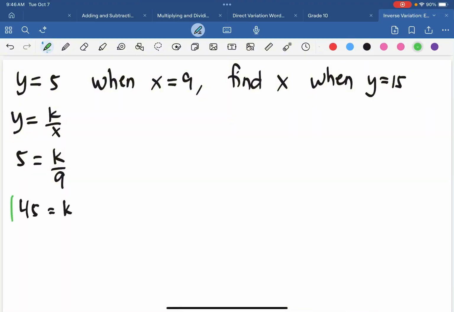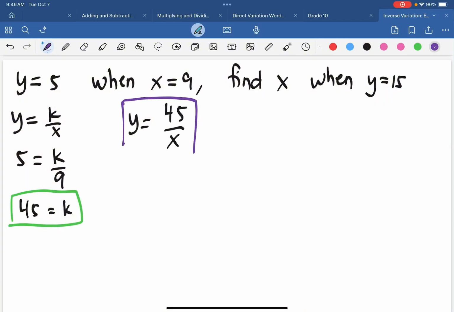So this is our constant, and when we write this into an equation, we have y equals 45 over x. Based on our equation, we could now derive the second part of the problem in finding the value of x. Since the new y here is 15, we could write 15 is equal to 45 over x.